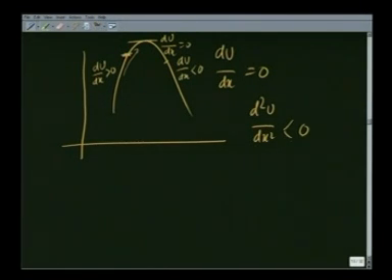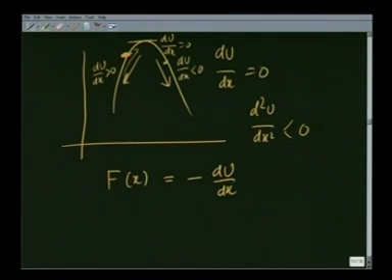So, if I were to look at the force F x, which is equal to minus du dx, you can see that on both the sides the force would be pointing away from the maximum.